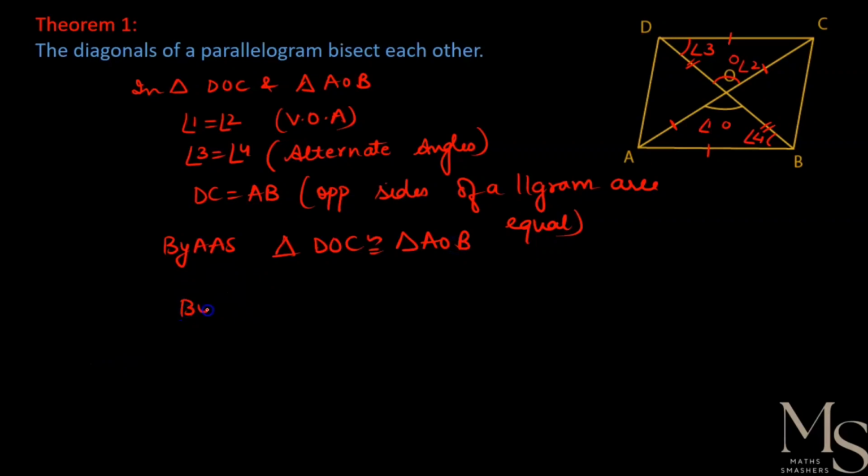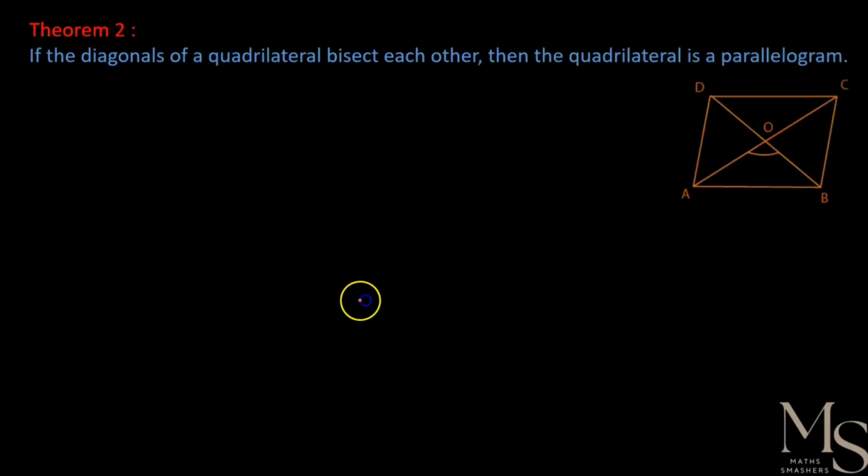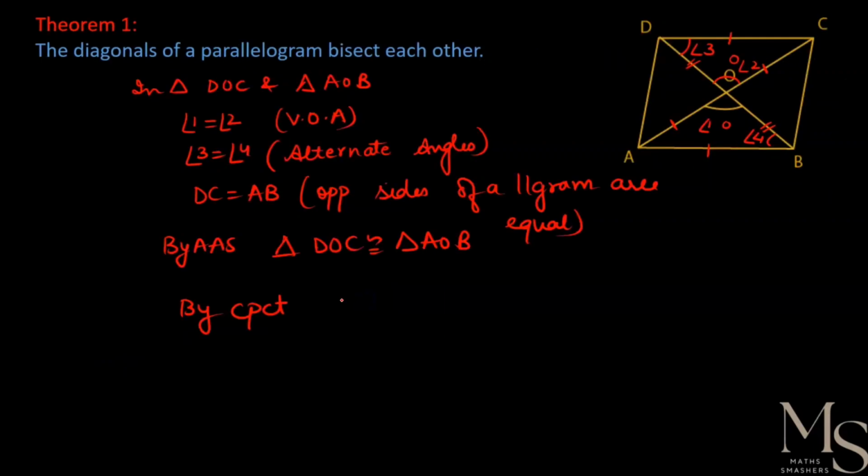So by CPCT I can say that BO is equal to OD and AO is equal to OC. So by this we can say that the diagonals of a parallelogram bisect each other.